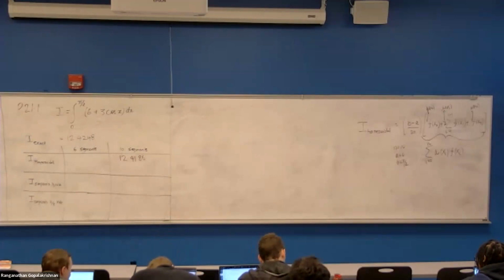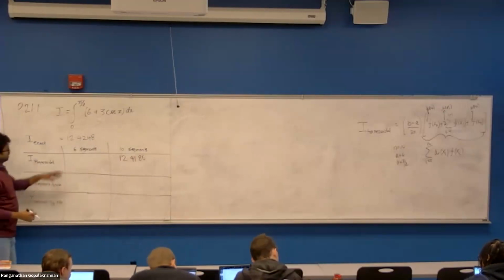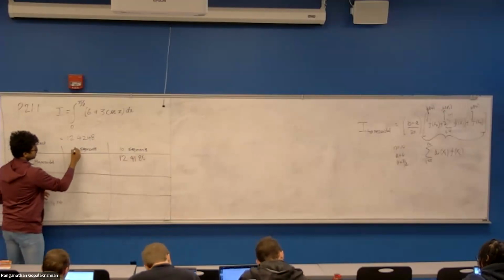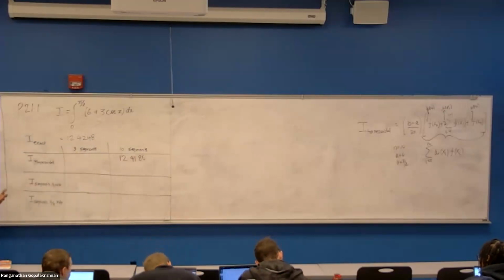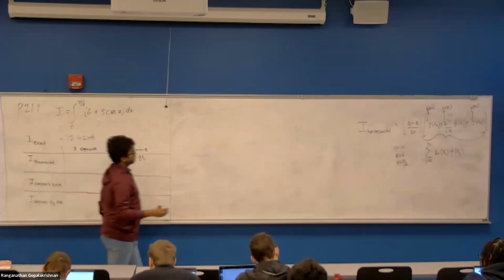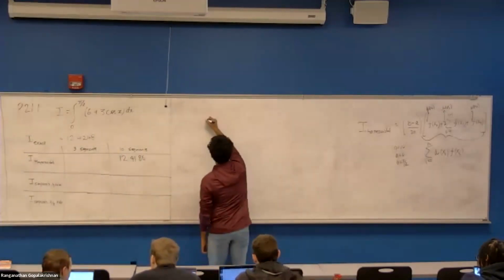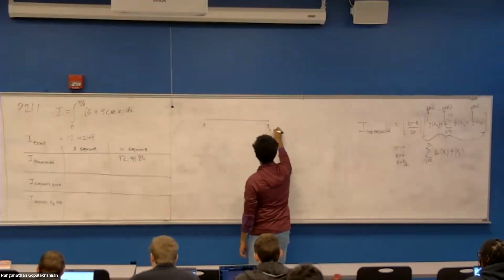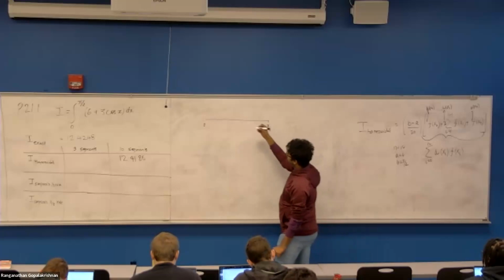Okay. Instead of 6 segments, I'm just going to make it like 3 segments so that people can do this by hand. For those who are not doing it with the computer, you can still do this by hand. So if I have 0 and pi by 2 and I need 3 segments, how do I divide this?